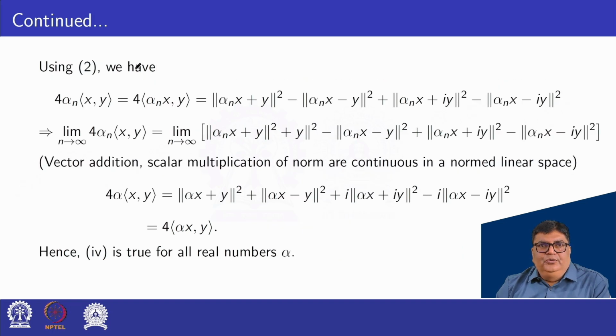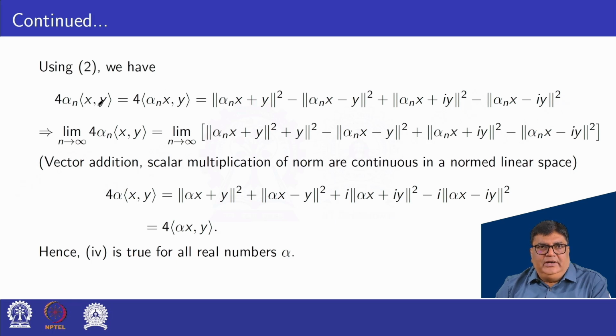So using the polarization identity for the sequence of rational numbers alpha n, 4 alpha n into inner product of x, y is equal to 4 into inner product of alpha n x, y.